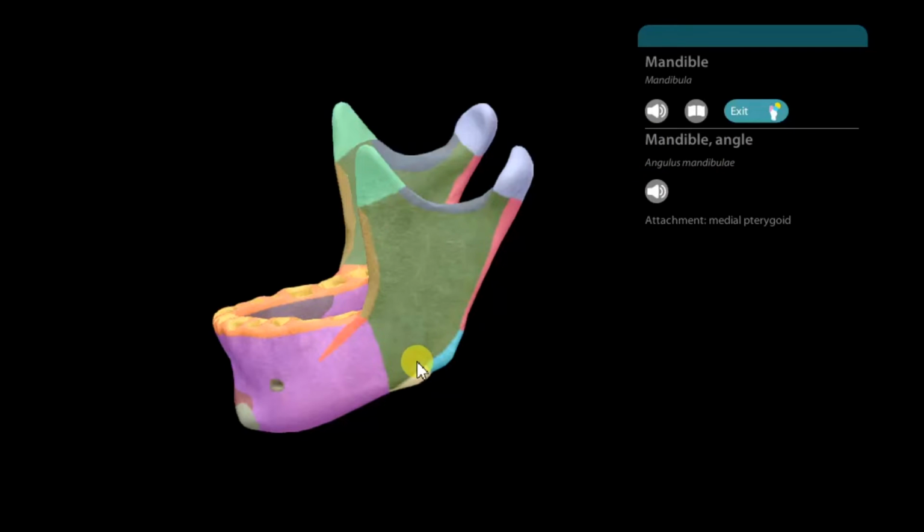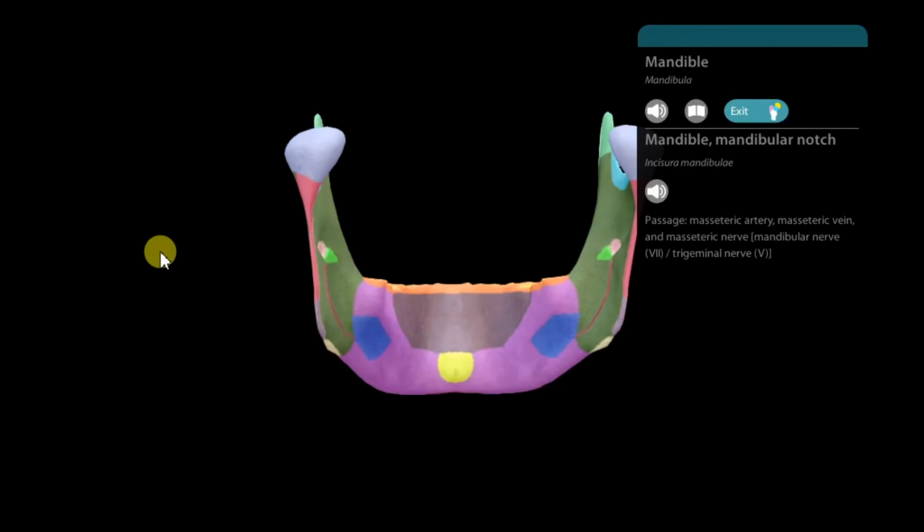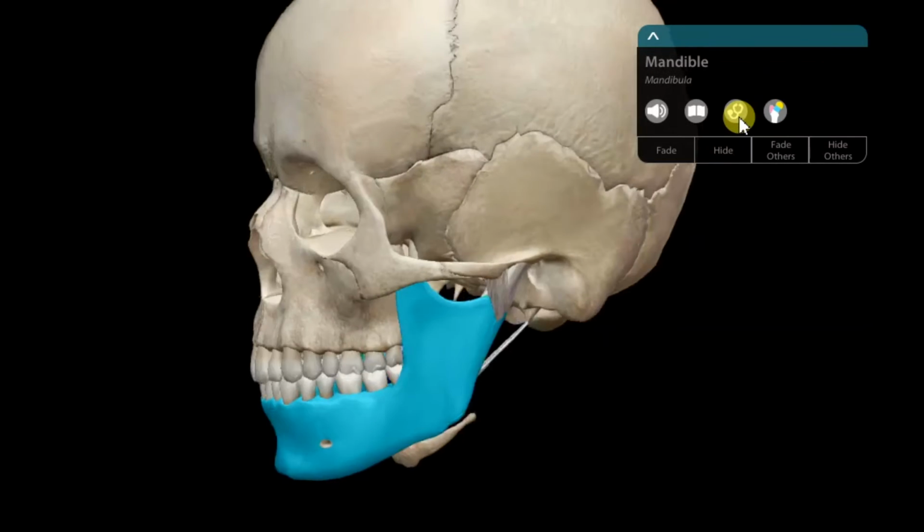So this one is the anterior border, this one is the posterior border, this one is the inferior border, and over here it will be the mandibular notch. So this is about the mandible.